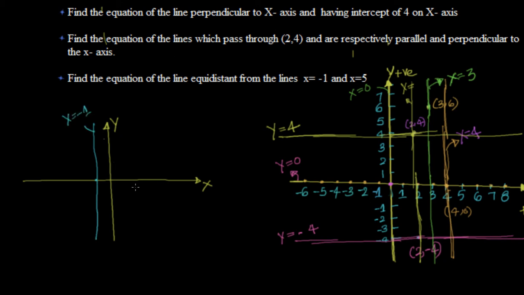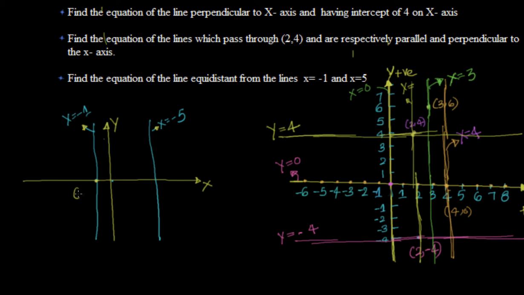What is the other line we have? x equal to 5. So this is 0, 1, 2, 3, 4, 5. Let us say this is the line x equal to 5. So we have two lines, one is x equal to minus 1 and another is x equal to 5. Now we need the equation of the line equidistant from these two lines.